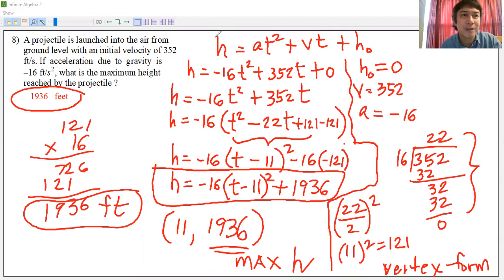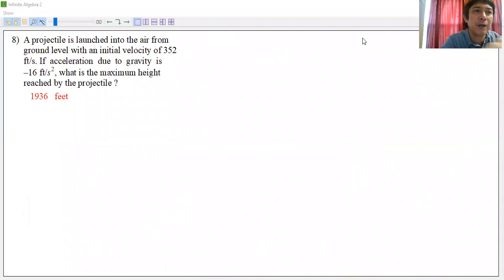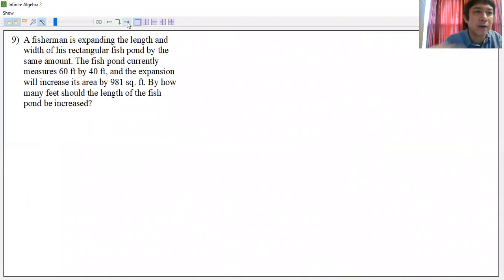All right, let's have the next number, number 9. A fisherman is expanding the length and the width of his rectangular fish pond by the same amount. The fish pond currently measures 60 feet by 40 feet, and the expansion will increase its area by 981 square feet.